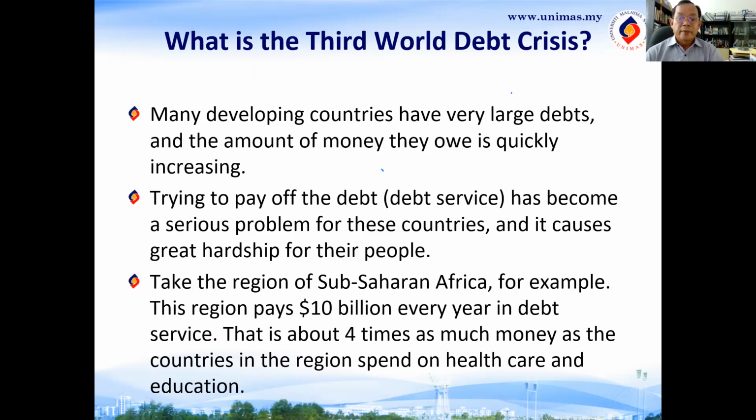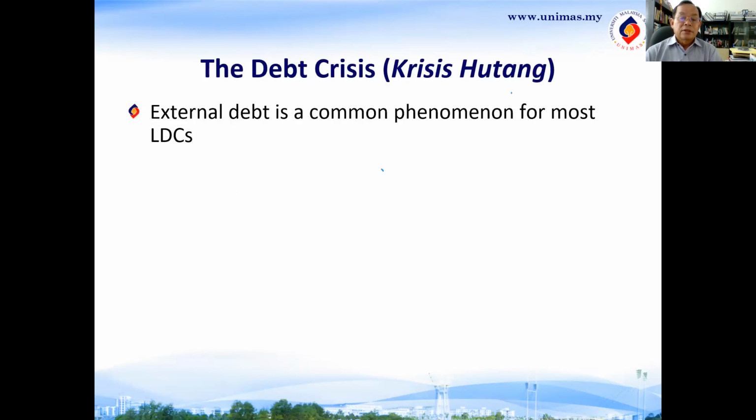Why does it happen, how does the debt crisis happen? So the debt crisis, external debt, is quite common for most less developed countries.